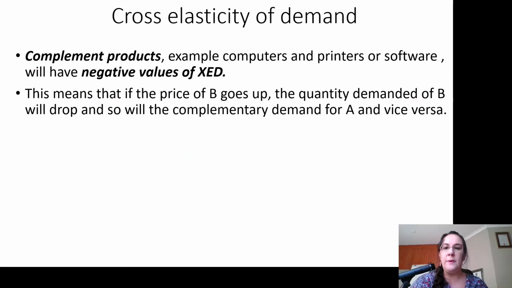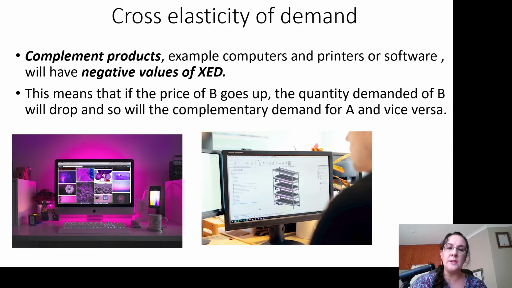Next up, complement products. An example of complement products are computers and printers or software. And these values would normally be negative XED values. So if you see a value of, say, for example, -2, the minus will indicate that these products are complement products, and that value of 2 says that it is relatively elastic because it's greater than 1.